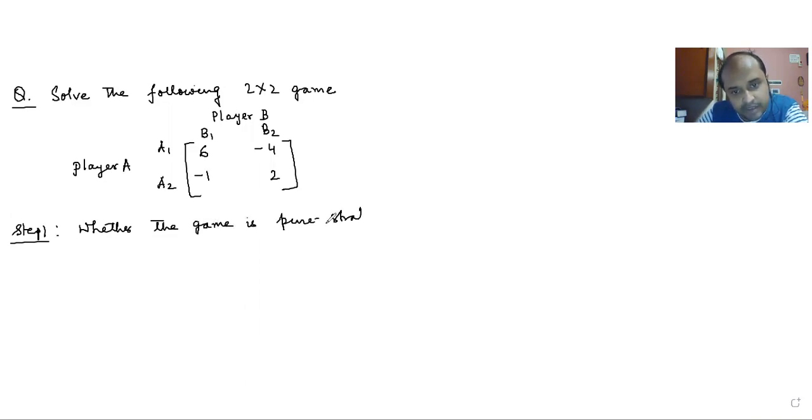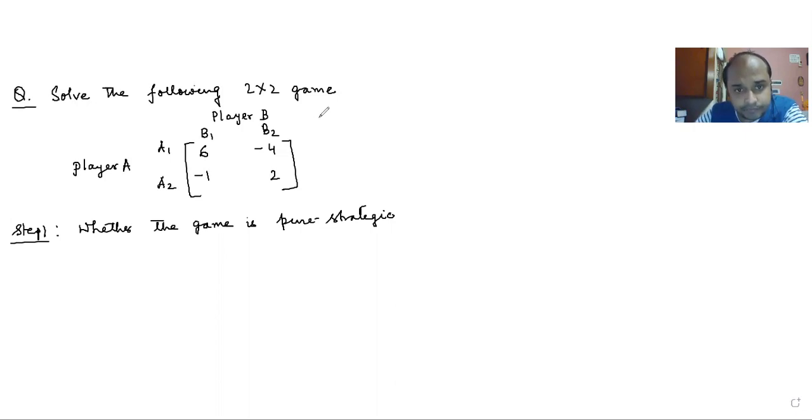You have to check it by using maximin and minimax criteria. I am not writing again because I have already written over here. In the time of examination, you have to copy the matrix once again. So I'm writing on the question itself to save time.